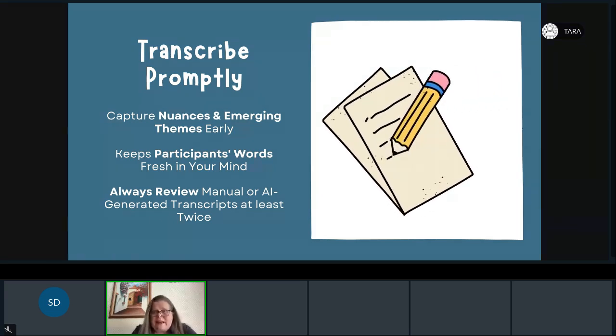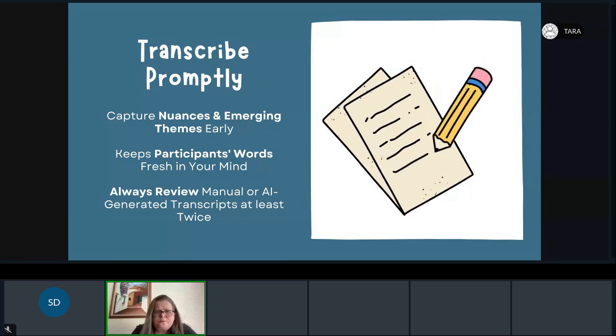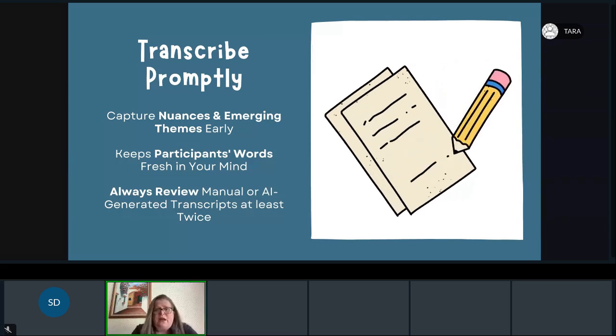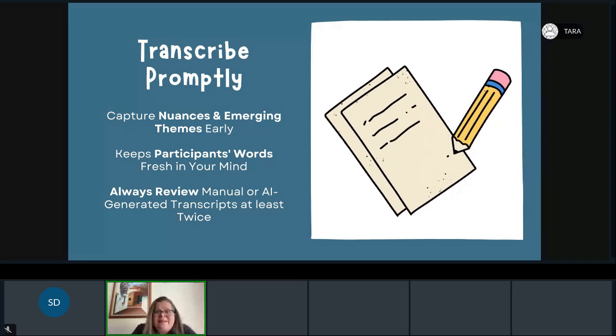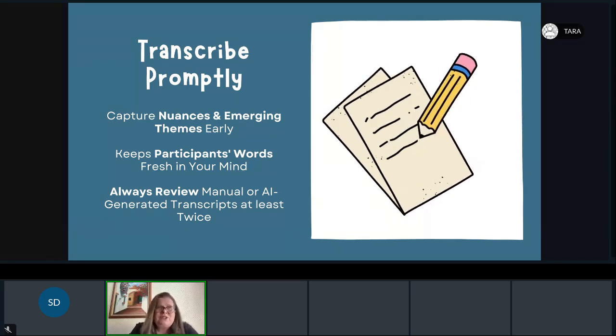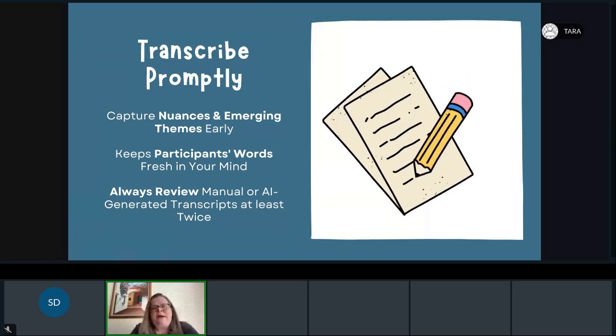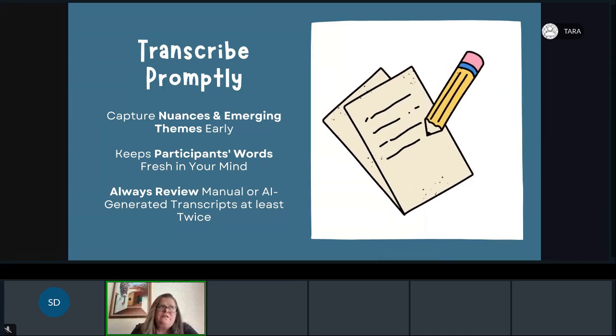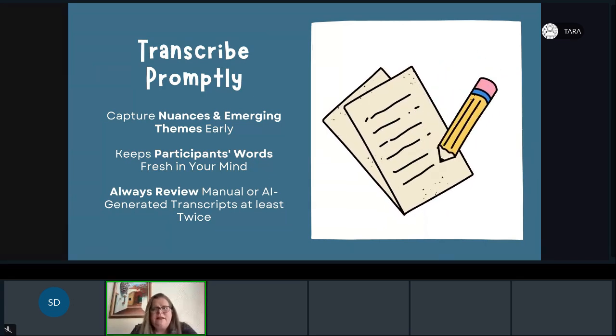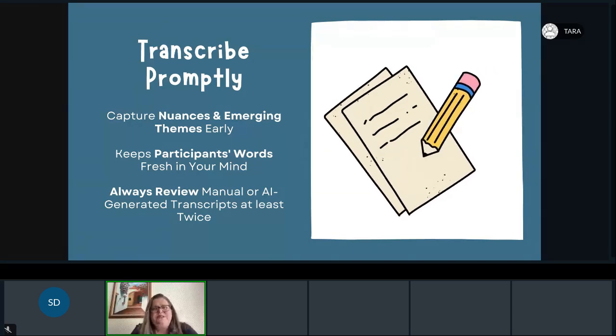Almost everybody nowadays does AI transcription. I will say that Zoom's transcription is horrible, and you will likely spend more time fixing the transcription than you would just doing it yourself. But something like Descript or even Fireflies are both excellent. So there are so many options out there.